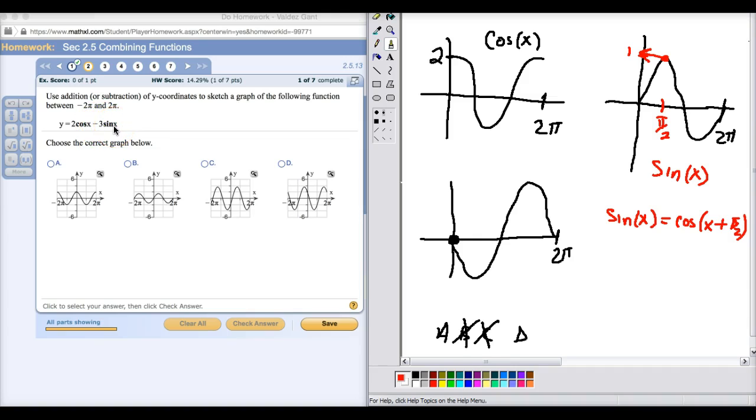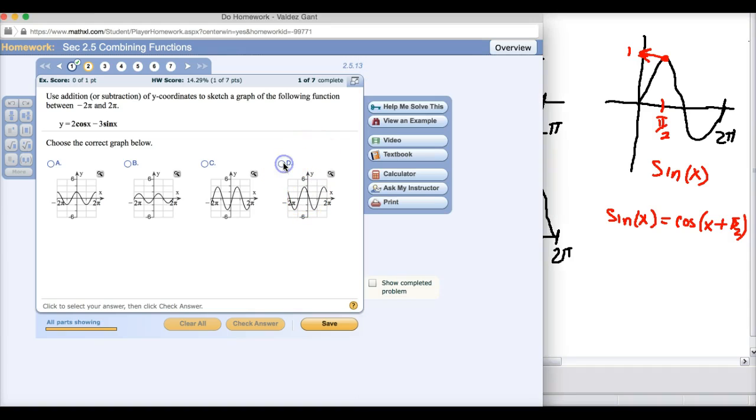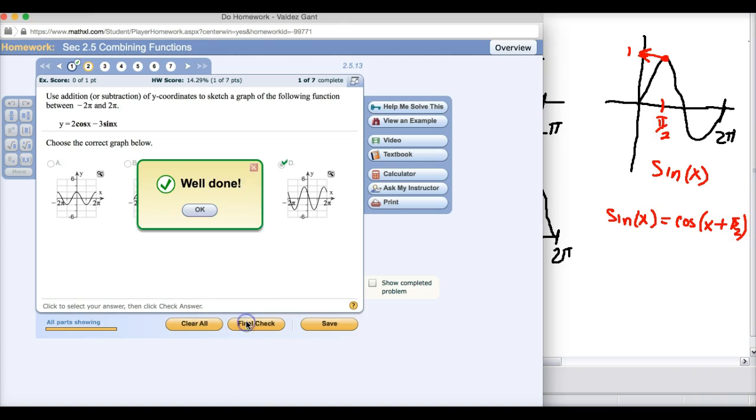So for this reason, we would suspect that A would not be the answer, and thus D would have to be, because we see that it looks like a sine or cosine function with some kind of phase shift. If we check that, we see that we are indeed correct.